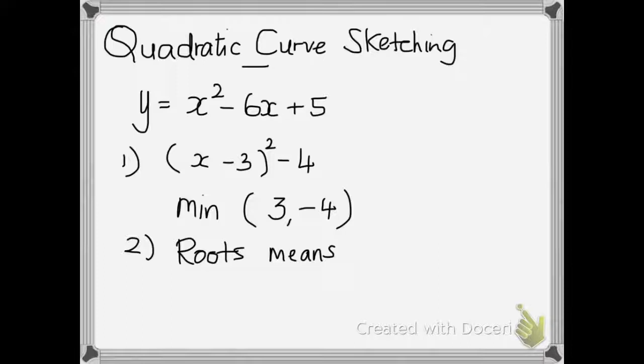When it crosses the x-axis, at that particular point, what does that mean? It means y must be 0.